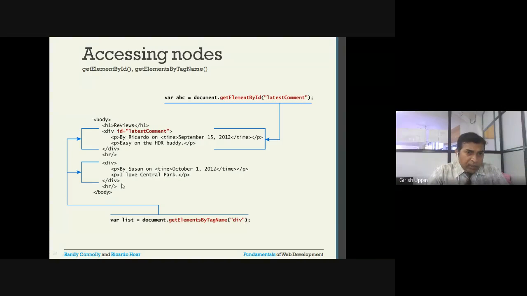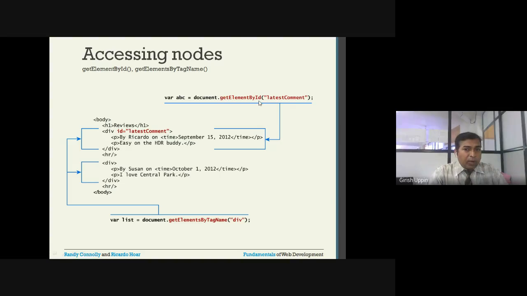If you look into your HTML document, you can find that particular ID, latest comment, is set for this div element. So this particular element will be accessed here. We will have access to this element. This div object will be assigned to ABC, and if you want to make any changes, you can make changes on top of that.